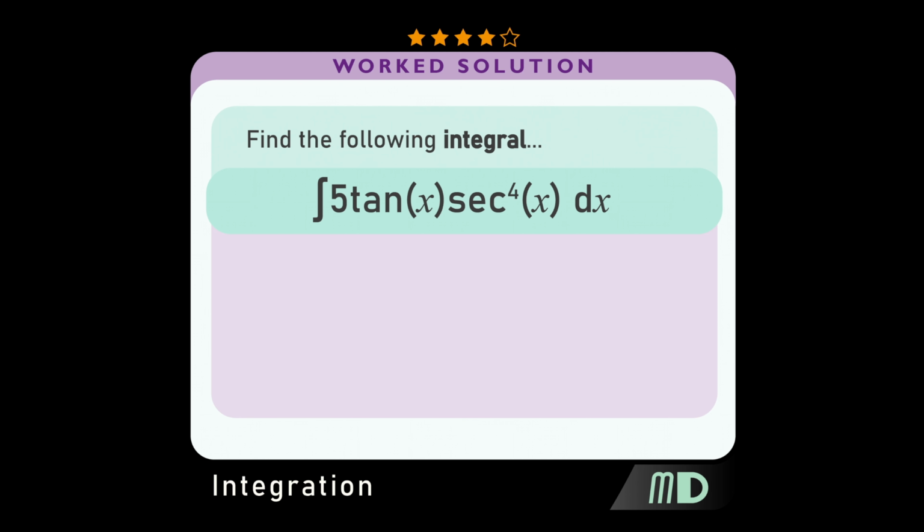Integration is the undo button for differentiation. If differentiation tells you the rate at which a function is changing, integration takes that rate and works backwards to find the original function.